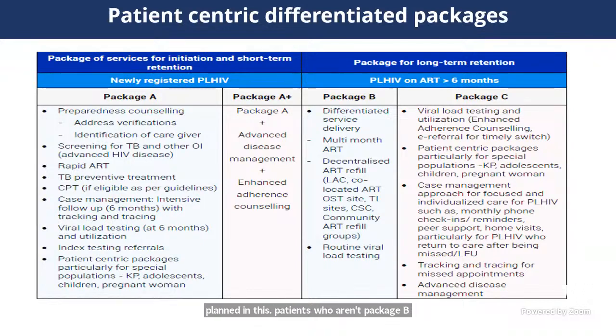Package C is again unstable, that is the viral load is high in this patient. These are another patient group for whom we need to have enhanced adherence counseling monitored and thoroughly done, and calling the patient immediately after we receive viral load results of more than 1,000, and try to do very thorough, in-depth, personalized and tailored options for these patients, where we do a very systematic collection of counseling using our EAC checklist.